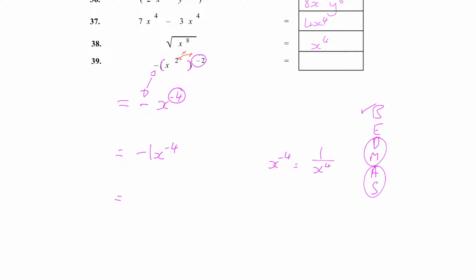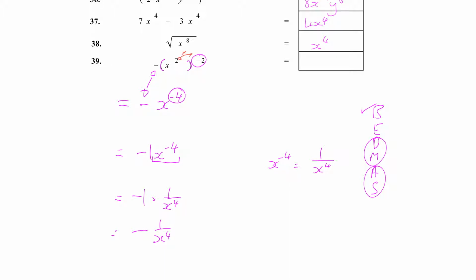Well, that's 1 over x to the power of 4. Watch the clips just before this to see that rule. So if that part here is 1 over x to the 4, then we've got minus 1 of these, minus 1 over x to the 4.